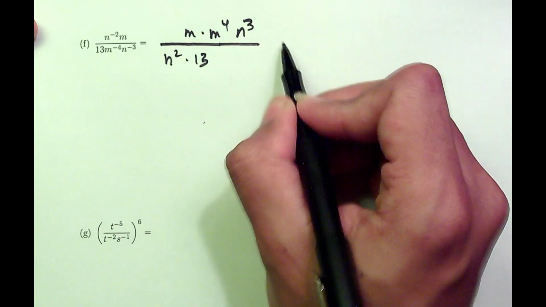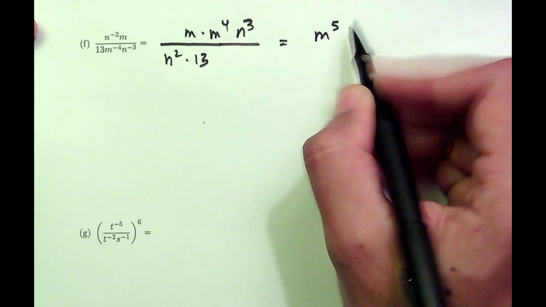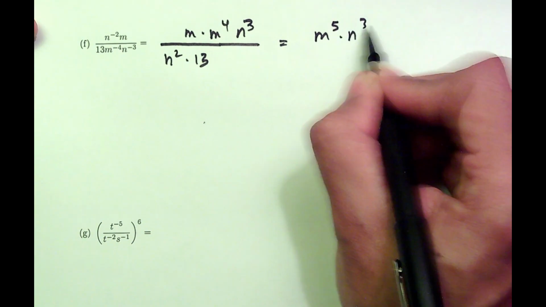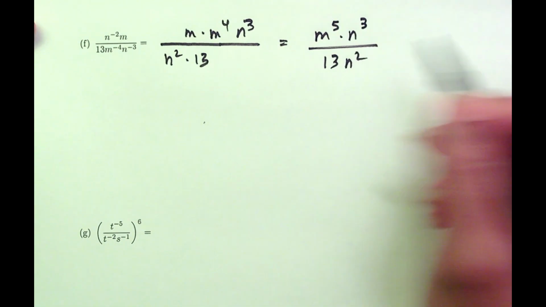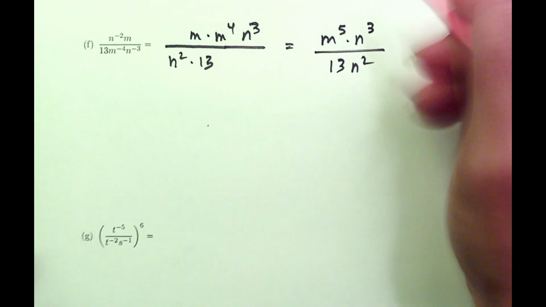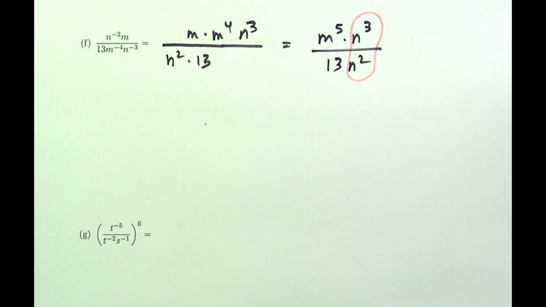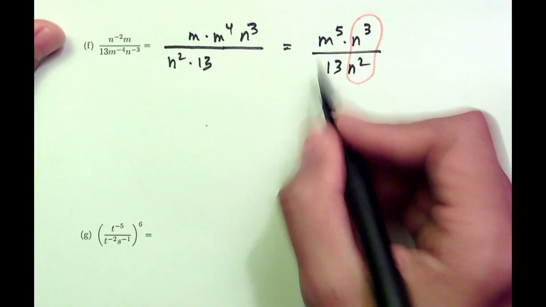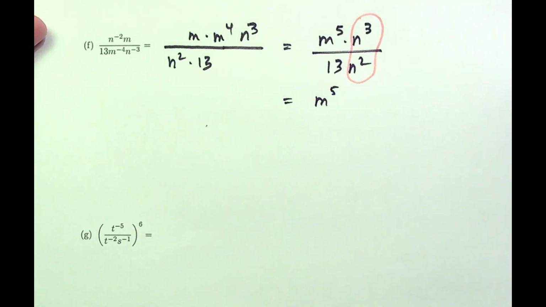Okay, and now combine what you can. I can combine these m's. So that would be m to the 5th, n to the 3rd. And on bottom you would have 13 n squared. Now you simplify these n's. You can combine these ones and subtract the exponents. 3 minus 2 is 1.